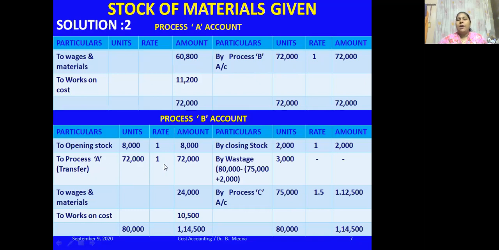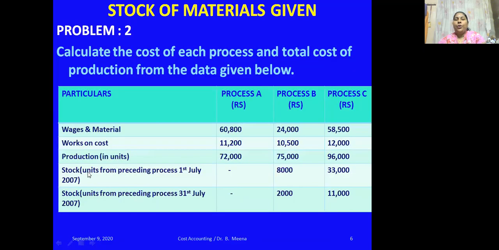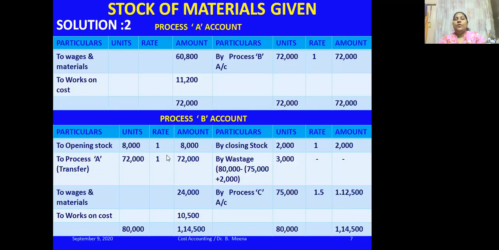So to the process B account I showed here. What is this opening stock? I explained in the beginning. The opening stock given for process B is 8,000 units, right? Since these 8,000 units are from the preceding process, what rate did I calculate? 1 rupee, the same rate is applicable. In the same way, whatever closing stock I'm going to show on the credit side.